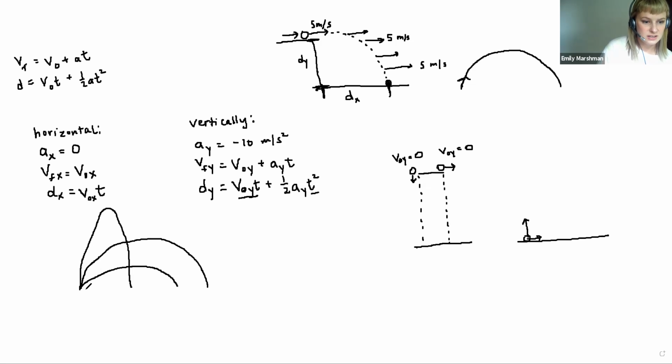How can I determine what is the best, which one's going to be in the air the longest? Which one's going to have the longest range? And by range, I mean, how far is it going to go horizontally? Which one's going to go the highest?